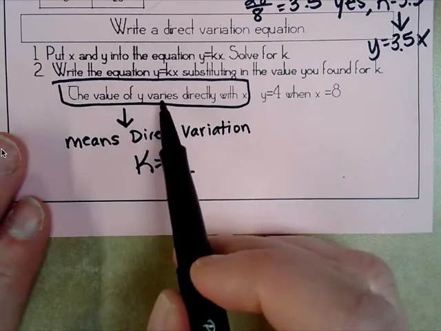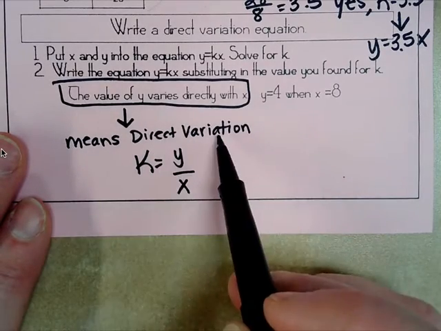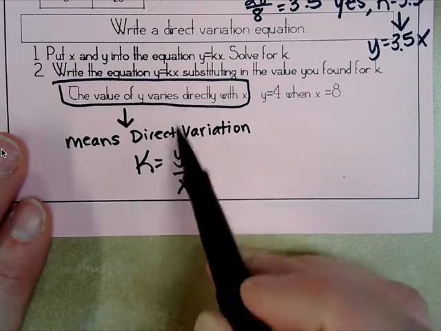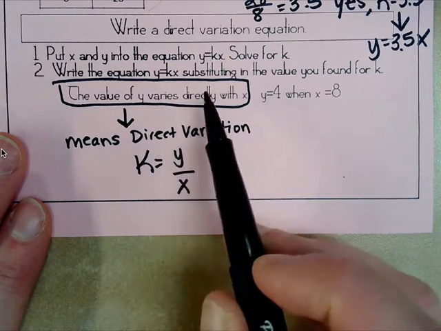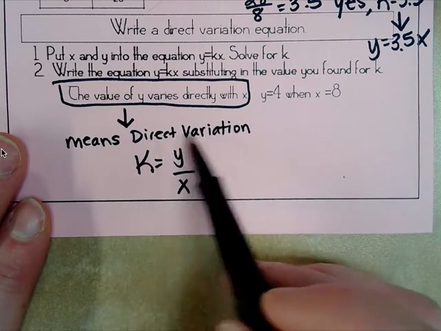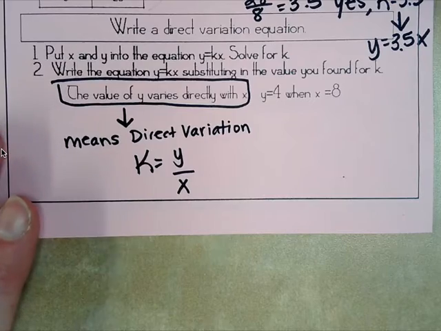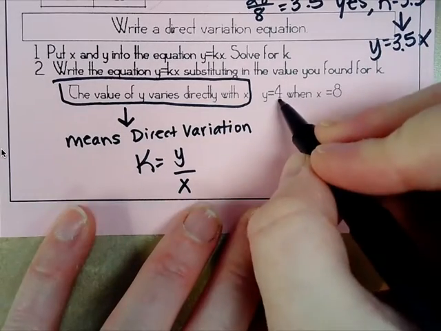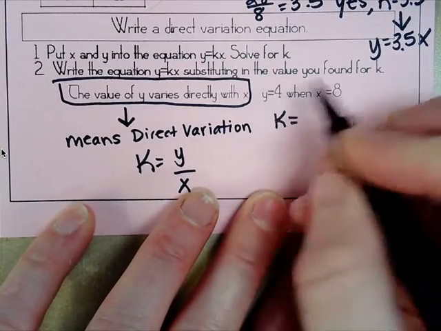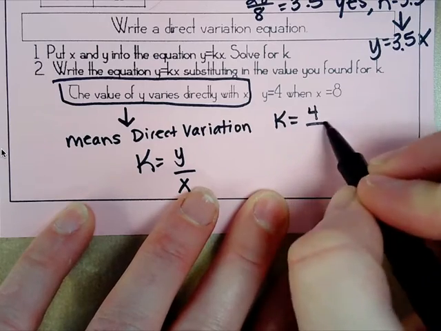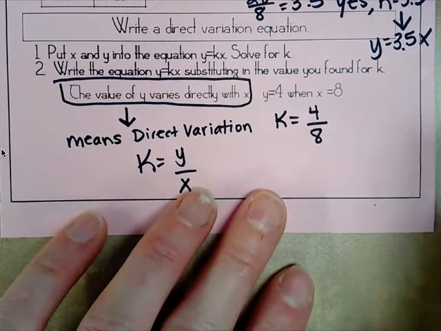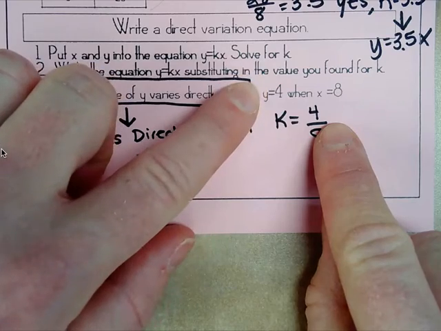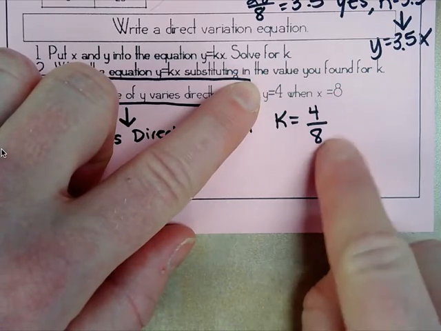So see how it says varies? Vary and variation, same. Directly and direct, same. Varies directly, direct variation. All the same words. So we can find k by doing y over x. So what's the y value? 4. And the x value is 8.